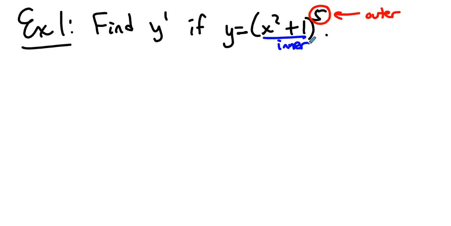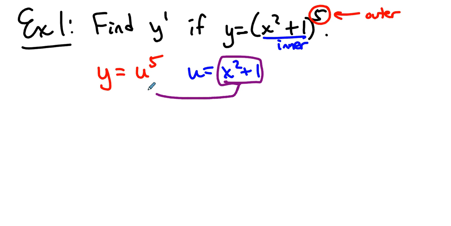It's the thing where if I had an x value to substitute, I would substitute it there first. The outermost layer is the function that raises things to the 5th power. The innermost layer is the x squared plus 1. When we compose these, we get x squared plus 1 to the 5th power.